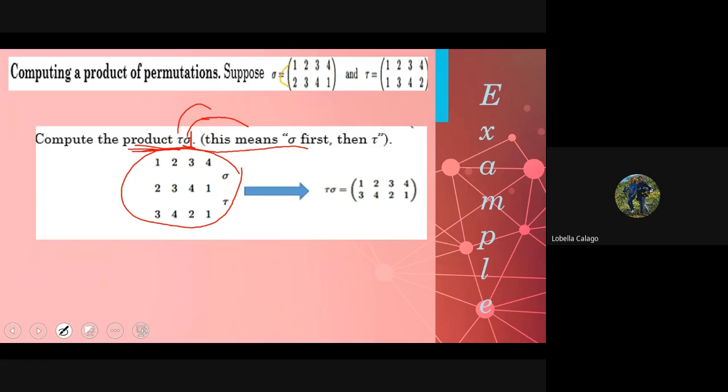Ano ang 2 dito? Since dulo siya is 2, hanapin mo yung 2 sa P. 2 is to 3. Yan. So, therefore, ang 1 is 3. Ganun po.